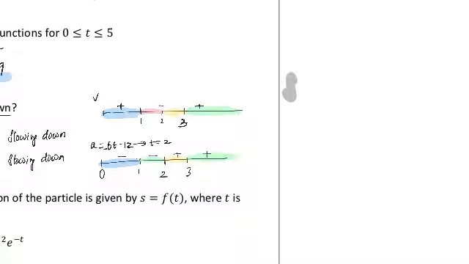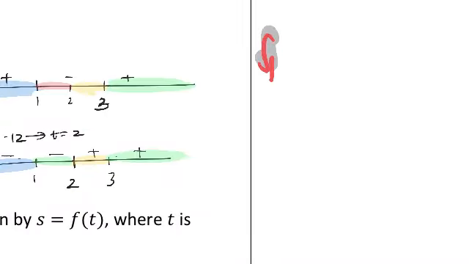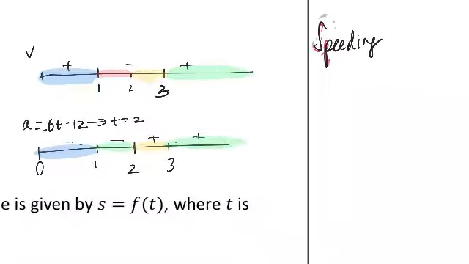So speeding, wrong color, sorry. So we're speeding up, wrong color again. Speeding from t is equal to 1 to 2 and t is greater than 3.